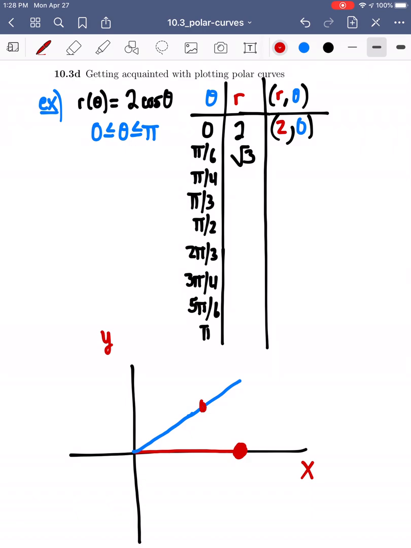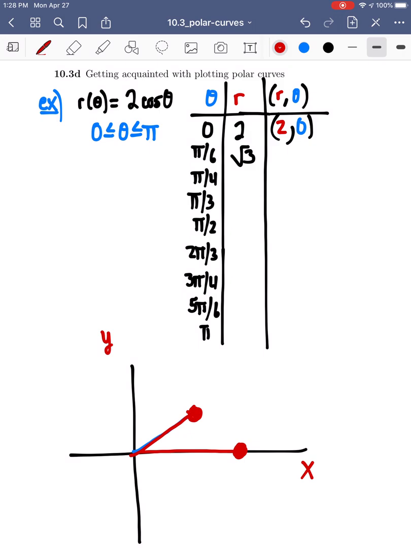So somewhere maybe around here or so. Again, the way that I'm trying to indicate this is our blue line is that angle, and the red line is how far along that angle we're actually moving.